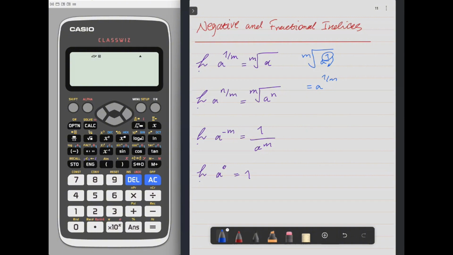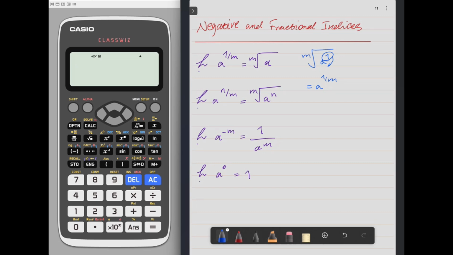The exponent of the radicand is written as the numerator of the new index, and the index of the root is written as the denominator of the new form.